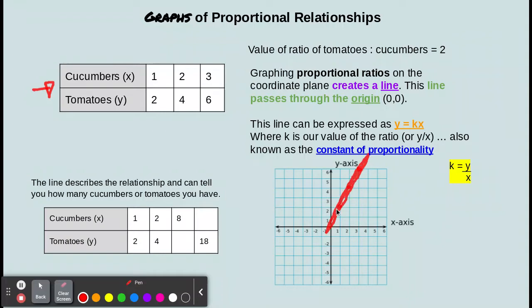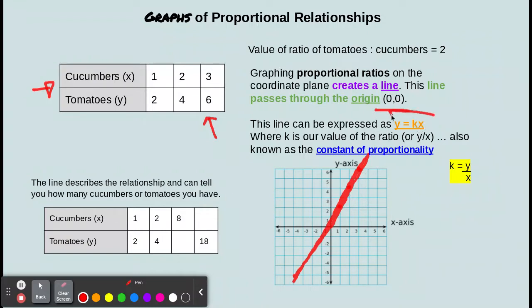If we were to connect the dots in a nice way, using a ruler, you would see that this line forms a nice straight line and it passes through the origin. The origin, remember, is the point 0, 0. It's where the x-axis and y-axis intersect. So the ratios in this table form a proportional relationship because it creates a line and the line goes through the origin.